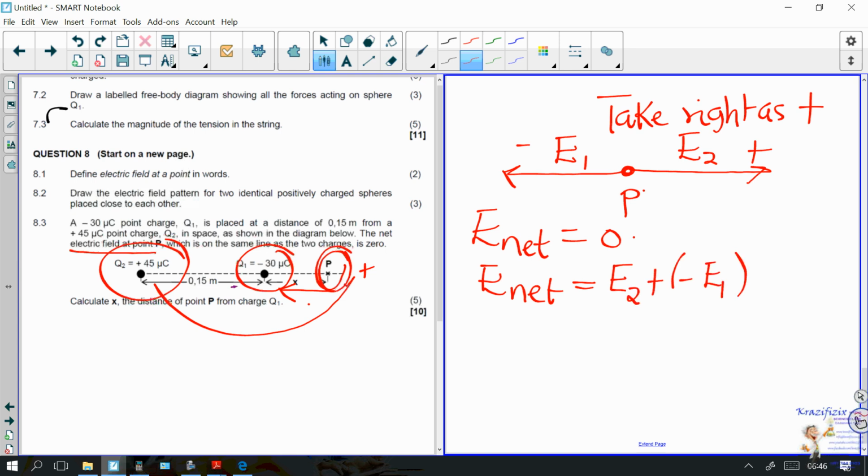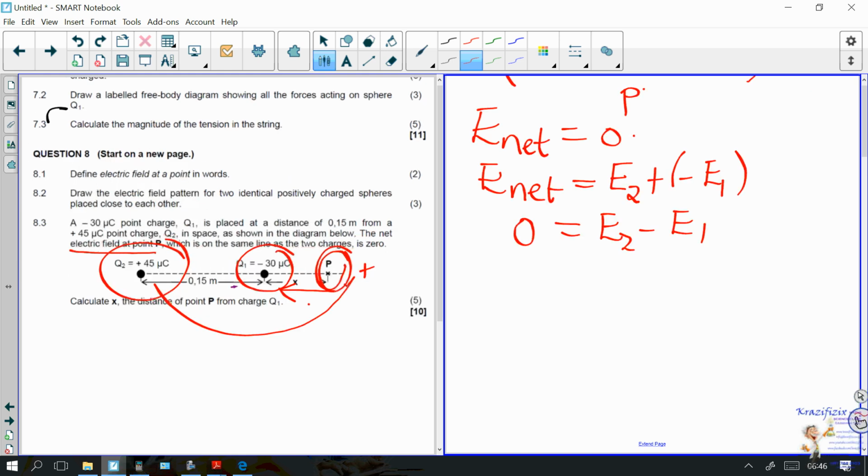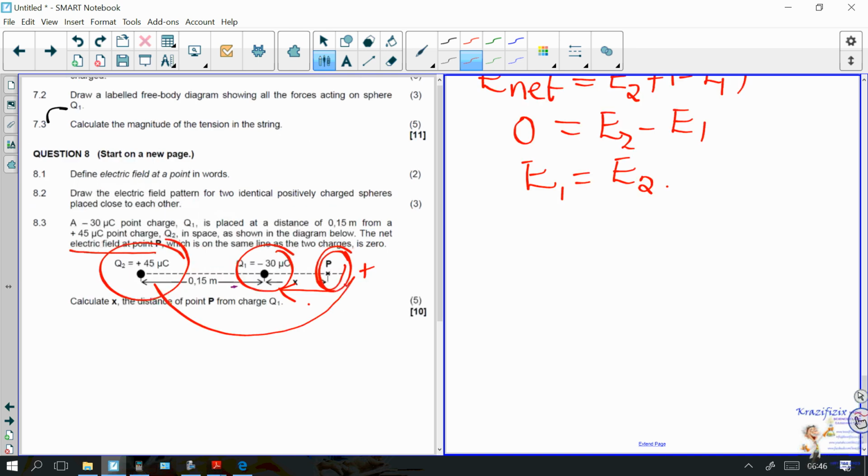So my E net, which is 0, is E2 minus E1. What does that mean? It means my E1 is equal to E2. How do I calculate E1 now? kQ1 over r squared equals kQ2 over r squared. Okay, let's do the maths together.